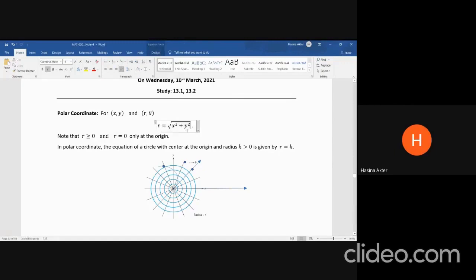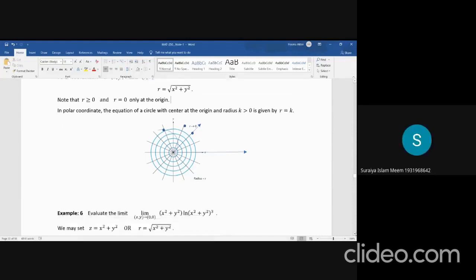Since this is the positive square root, r must be non-negative. r is always greater than or equal to 0, and r equals 0 only at the origin. So if I say that r approaches 0, that means r does not equal 0. When we say r is close to 0, we mean all the points on some disk around the origin but not the origin. Do you understand that?